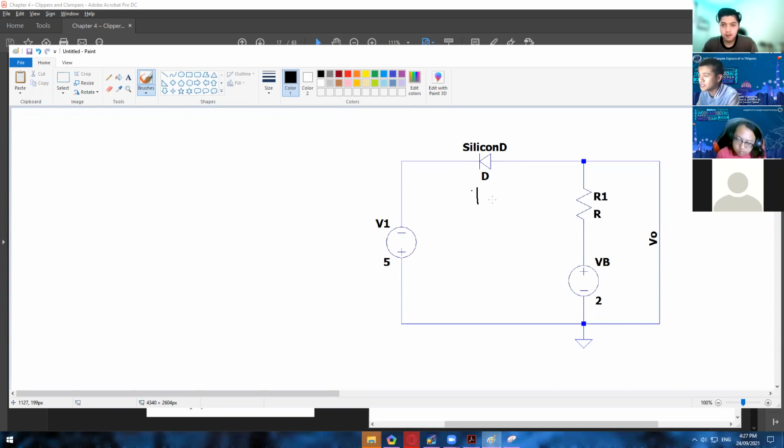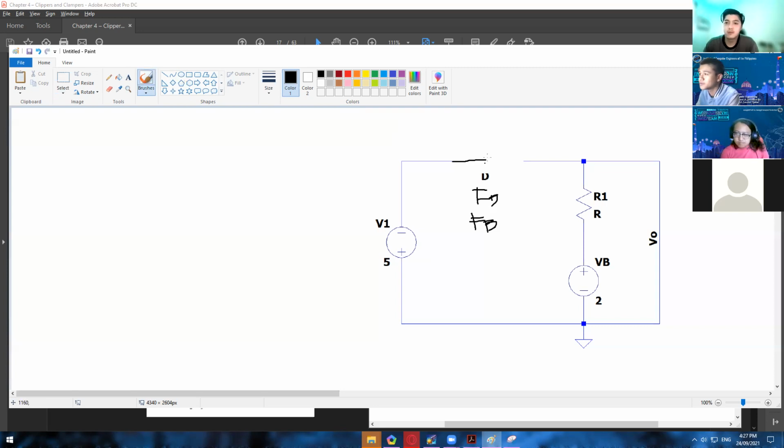So forward bias siya and then forward bias din siya. Okay, with this VB. So wala nang confusion. So as a result, this is a closed circuit. Okay, so there is no time that this will become a reverse bias, and then there is no time that it will become a forward bias. So it's consistently a closed circuit or a forward bias.